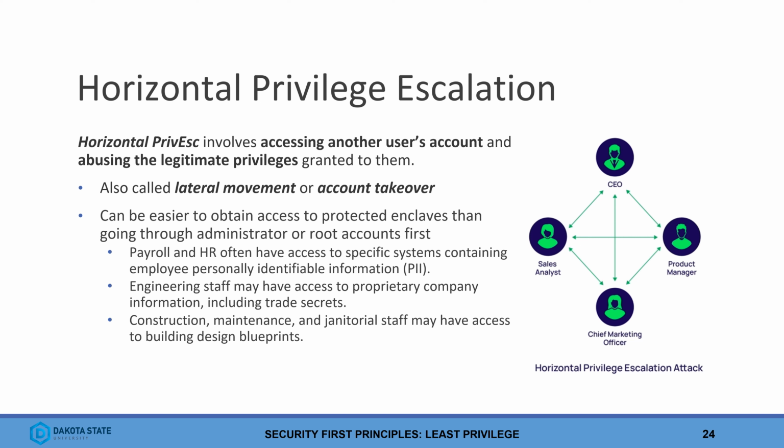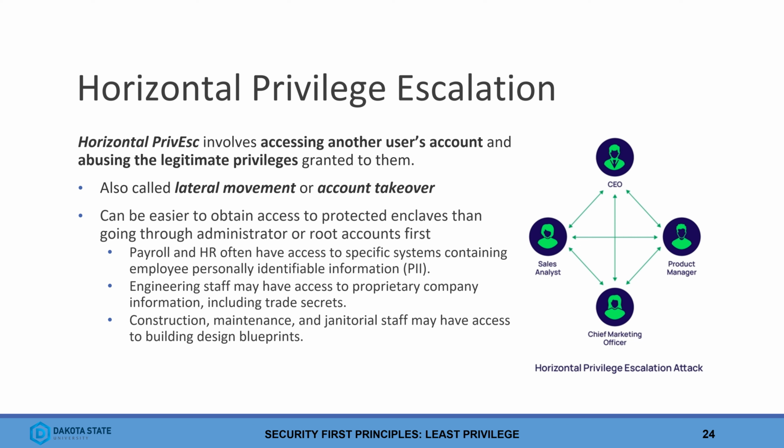It's also called lateral movement or account takeover, and the reason attackers really like this attack vector is because it can be easier to obtain access to protected enclaves than going through an administrator or root account first, essentially going directly to an interesting target rather than going up to root or administrator and then going back down to that user or target. If they can just get there directly, they would probably prefer that.